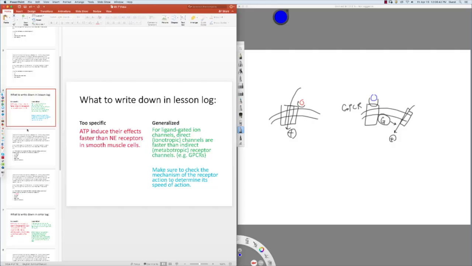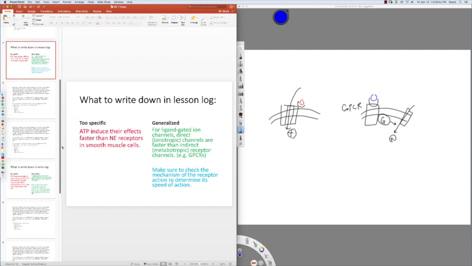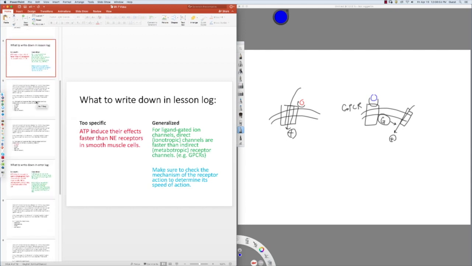Then the action lesson in blue would be to make sure to check the mechanism of the receptor, especially the mechanism of its action, to determine how quickly it can let in or let out certain ions, and how quickly it will respond upon ligand binding.